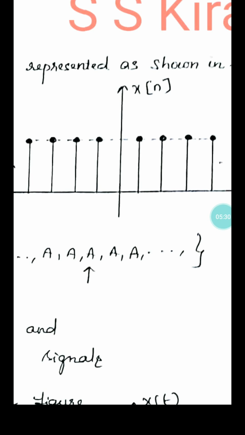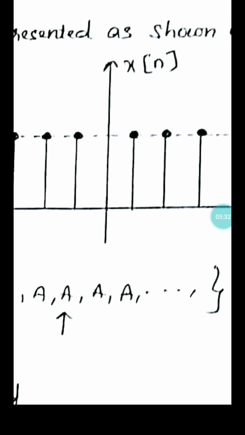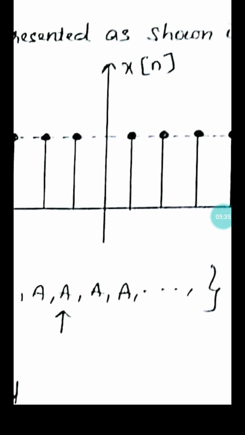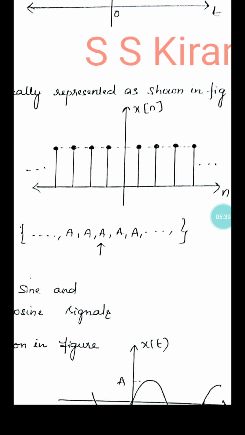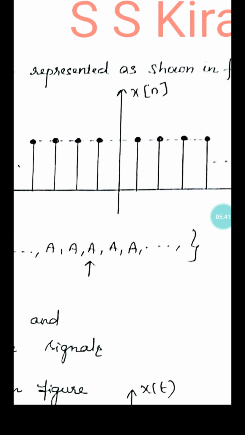Very simple, we can represent it in a discrete model. You can see different time intervals here. This is the constant DC signal in discrete time.